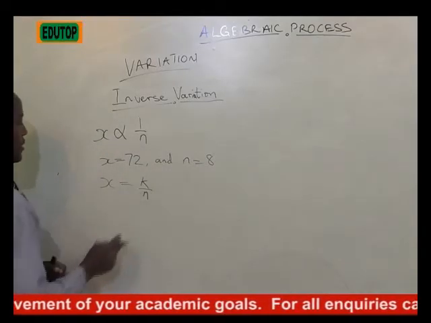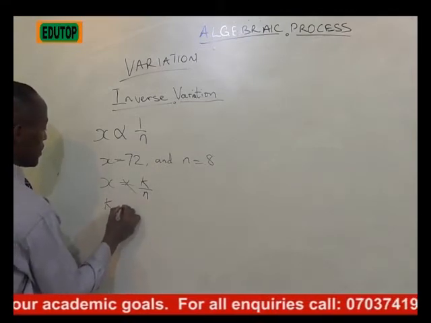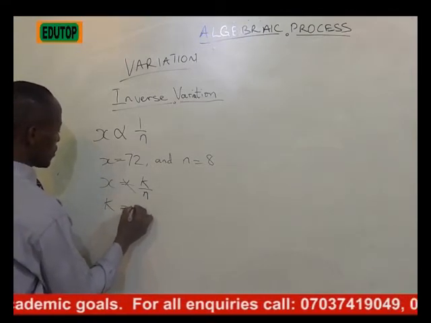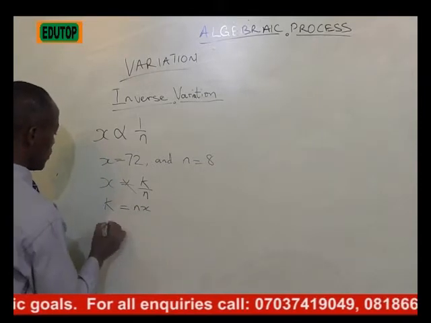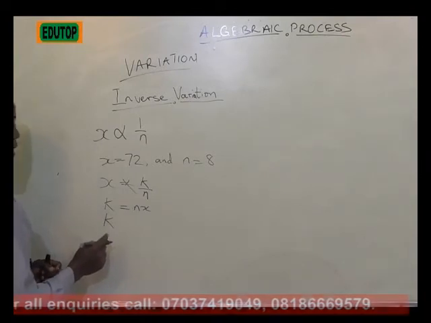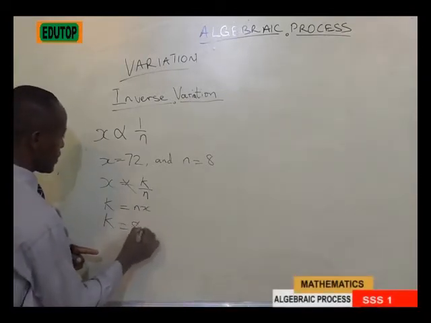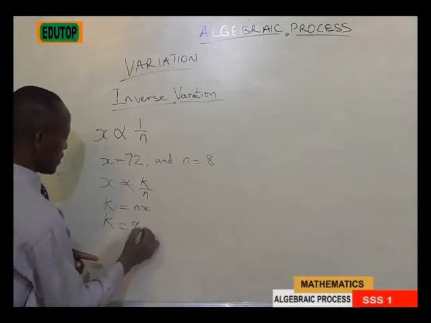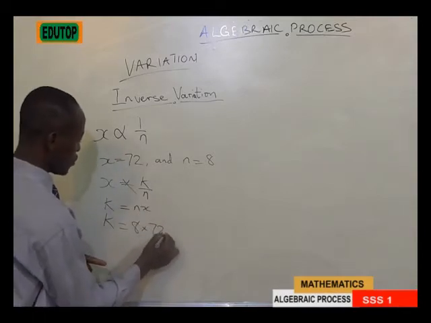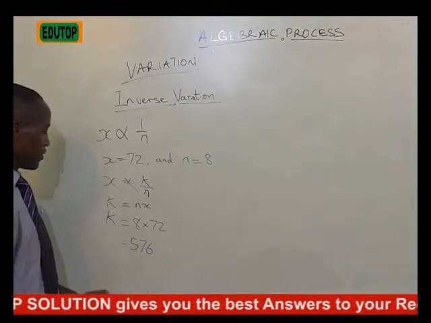Now for us to get this k, we'll just cross multiply, and we'll now be having k is equal to nx. So we can easily get the value of our k, where n is 8 and x is 72. Our k is equal to 8 times 72, which is equal to 576.